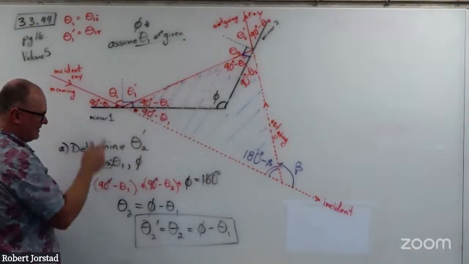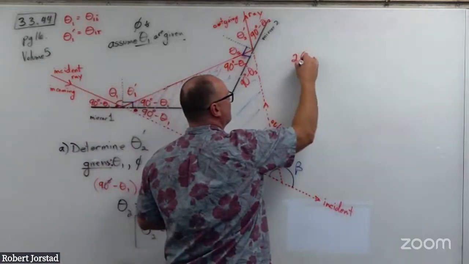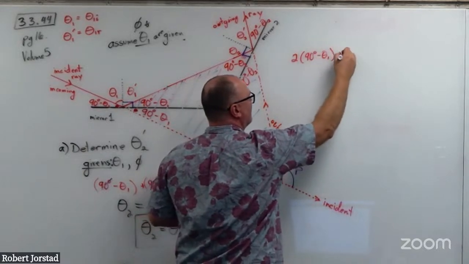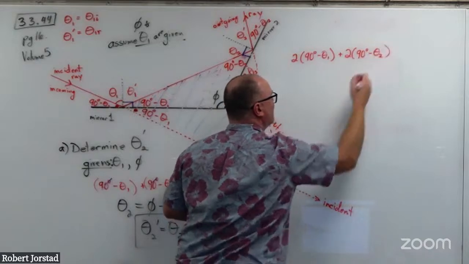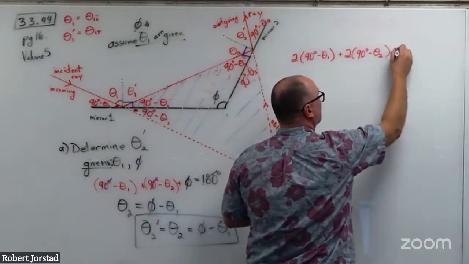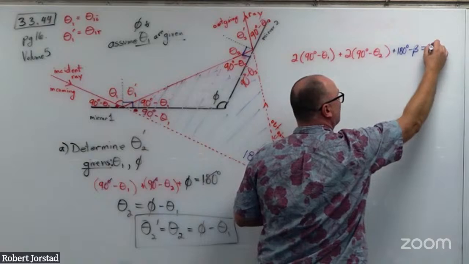So in this case, let's crank that out. I see that 2 times (90 minus theta 1) plus 2 times (90 minus theta 2) plus (180 minus beta) equals 180.